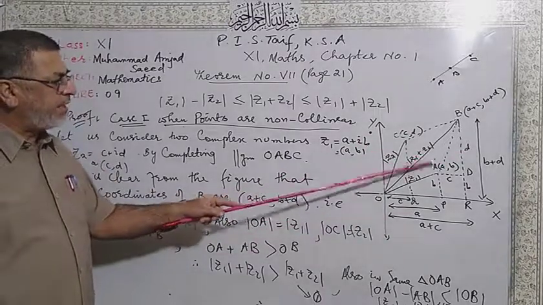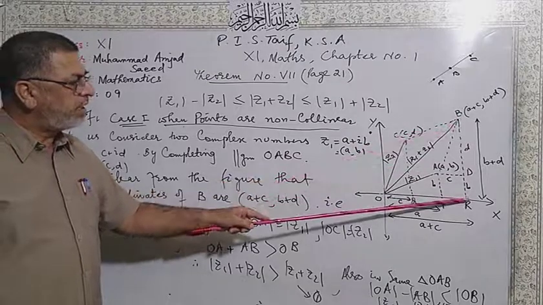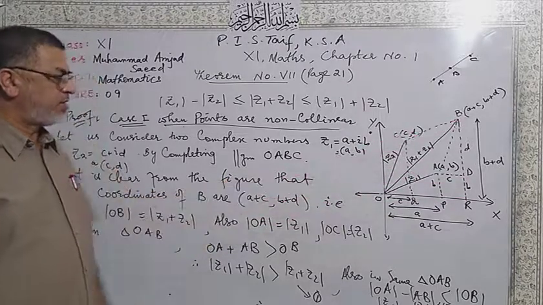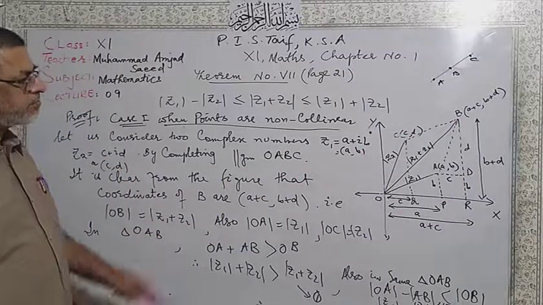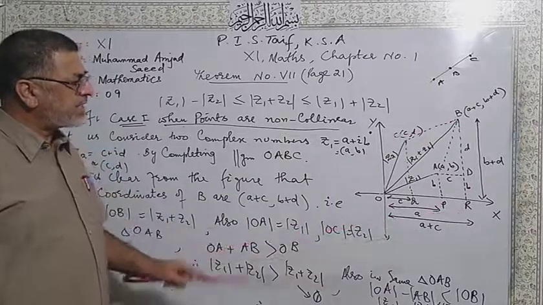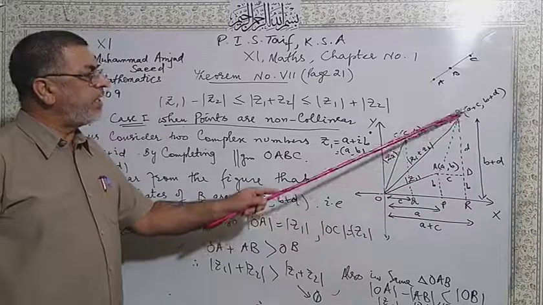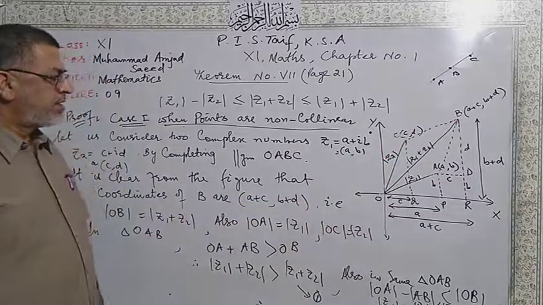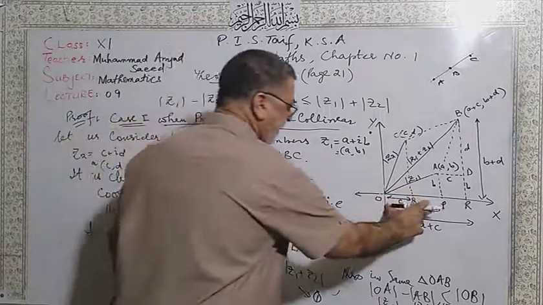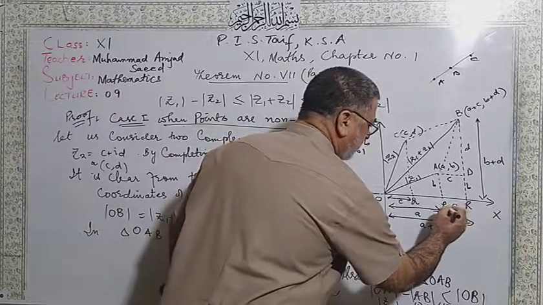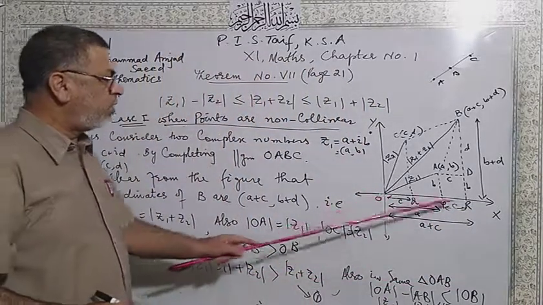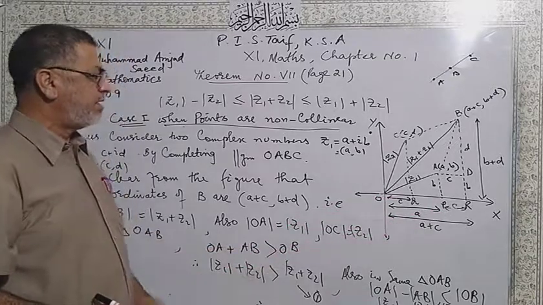Now draw perpendicular BR on the x-axis and AD perpendicular on BR also. You can see this is a and this one is c. So what is the total? Total OR is equal to a plus c.